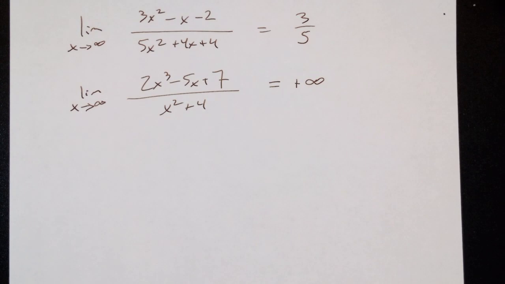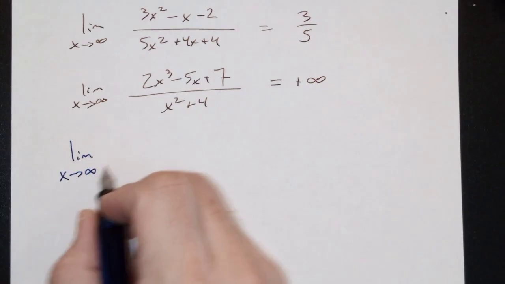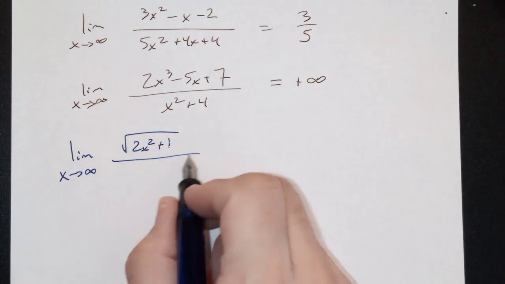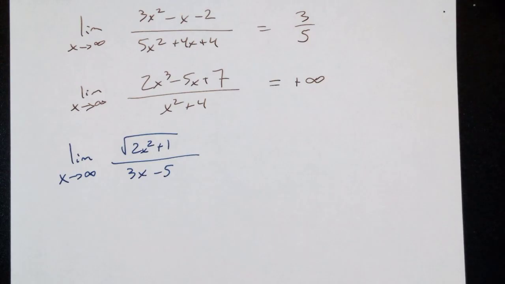What if my function's not rational? As soon as I see that square root floating around in there, I know this is not a rational function anymore.